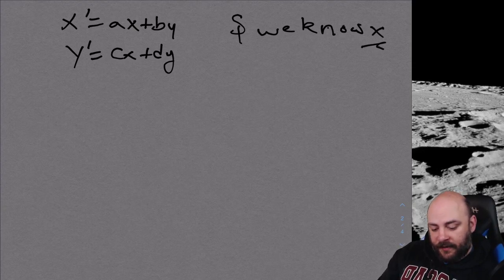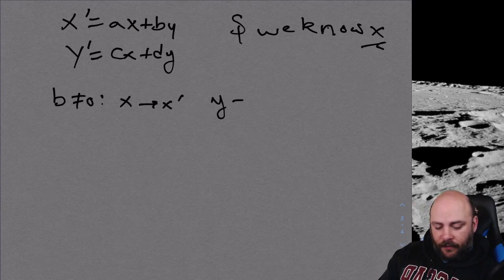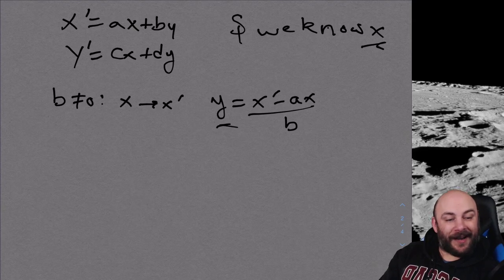Okay, now if b doesn't equal 0, well then since I know x, I also know x prime. And so then I would know y is x prime minus ax all over b. I would know y. Hooray. Right? If b is 0, I can't use that first equation.